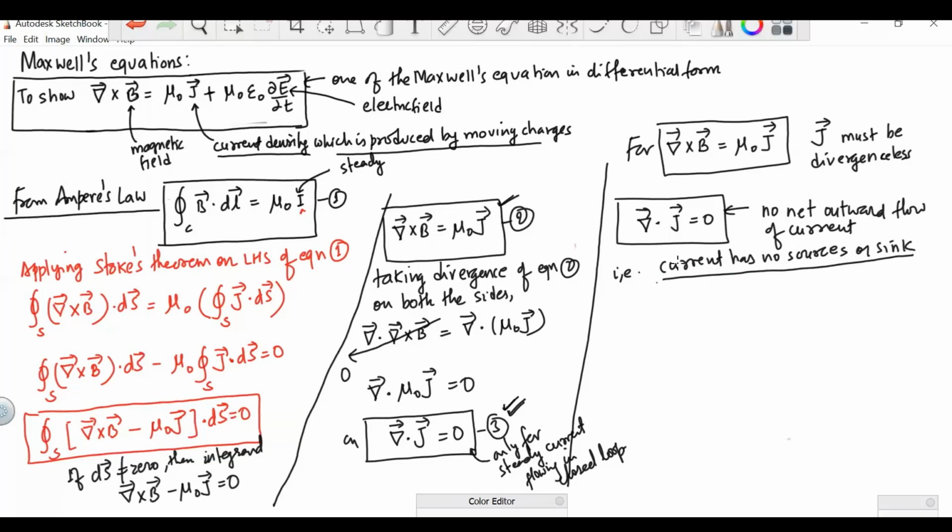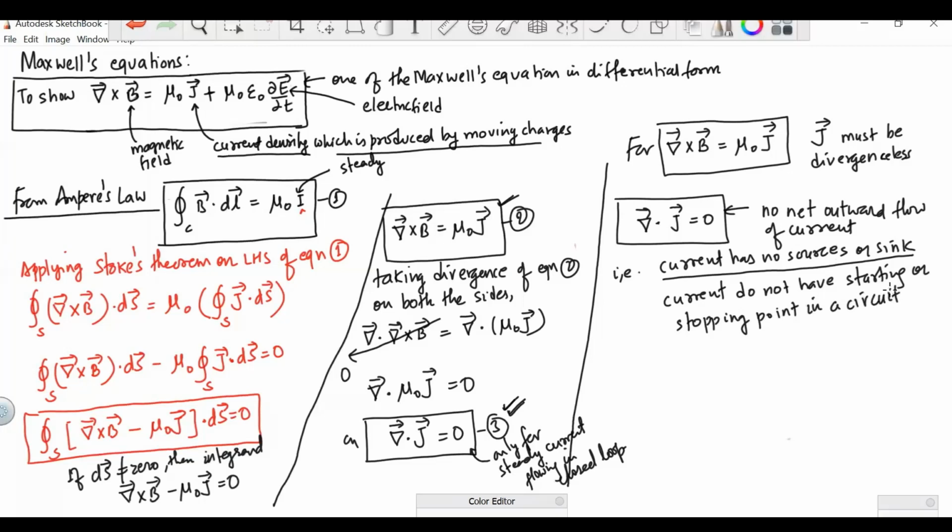That is, current does not have starting or stopping point in a circuit.